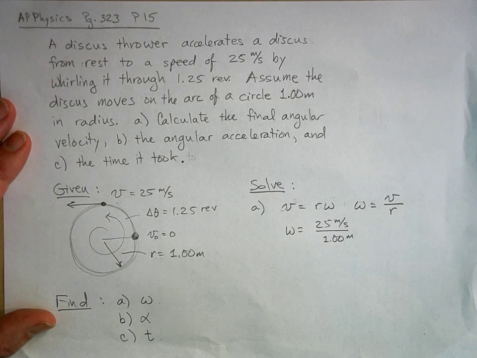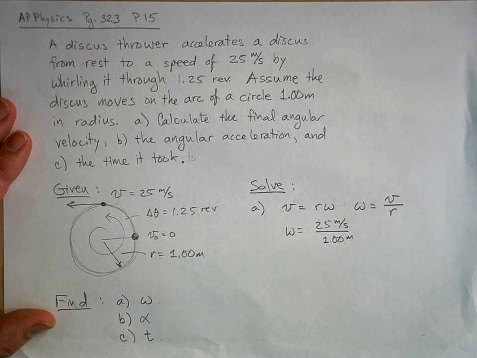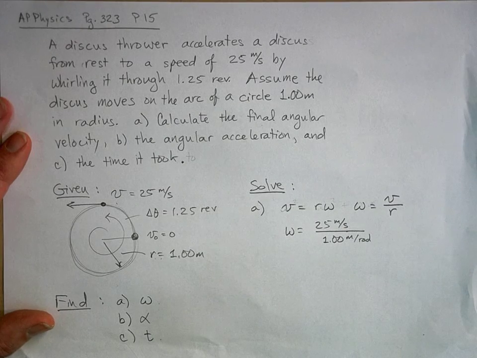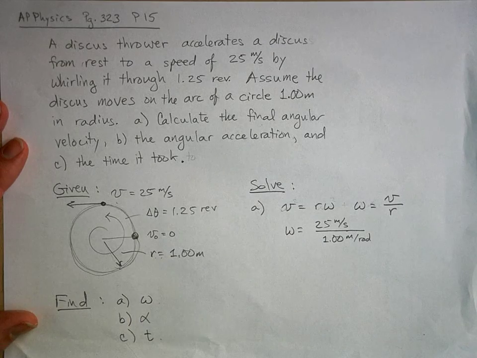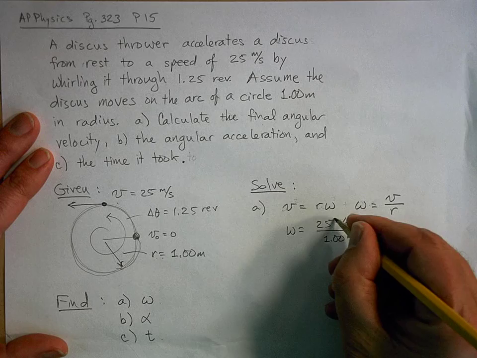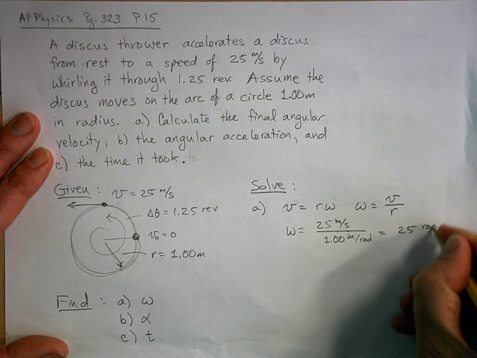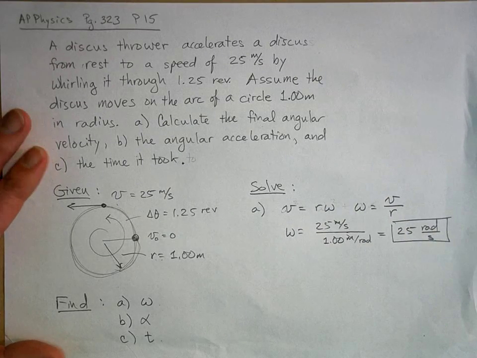One way to think of r is as meters per radian. If you have one radius wrapped around the circle, it gives you 1 radian. So you can think of the radius as a conversion factor from linear to angular, because it's meters per radian. So that cancels, and I get 25 radians per second. That's my answer for A.